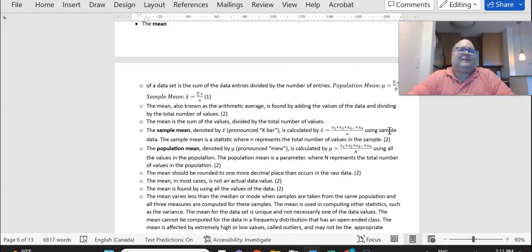If we're dealing with the entire population, then our population mean is computed by adding together all of our data values, then dividing by the size of the population, where our sample mean has us adding up all the values in our sample and dividing by the size of our sample.